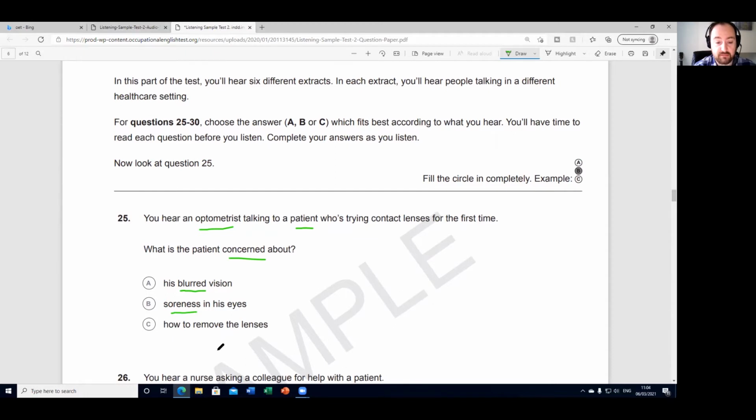And in option C, the keyword is remove. Obviously it takes longer when I'm talking you through it, but this only takes a second when we're actually doing the test. So we've got a good idea of who the conversation involves, what it's about, and we've picked our keywords already. Okay, so what we'll do is we'll now listen to this one recording and try to get the correct answer, and then we'll look at the tape script as well so you can see where the key answer actually is.